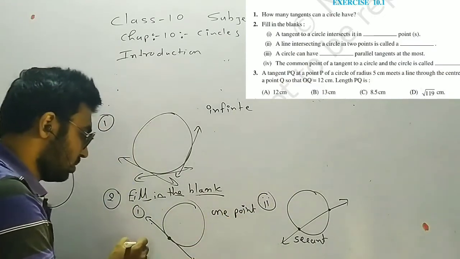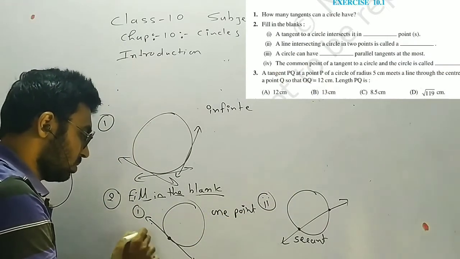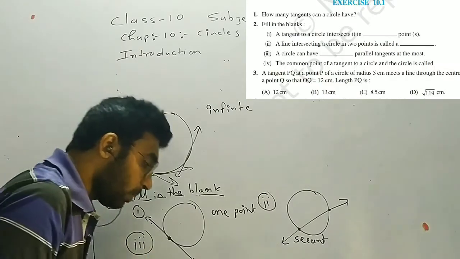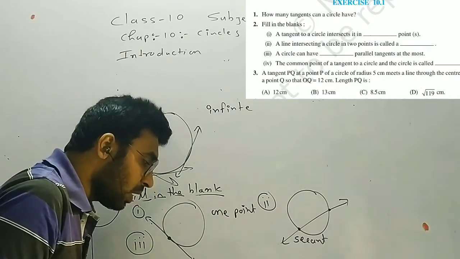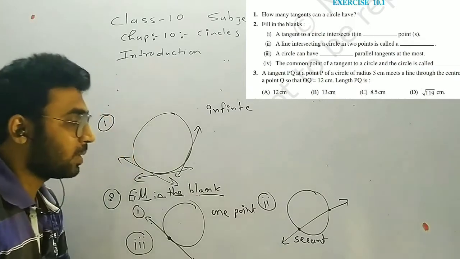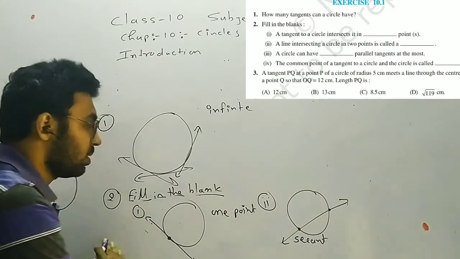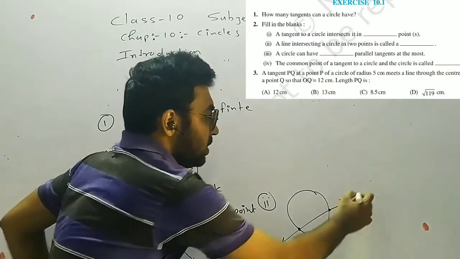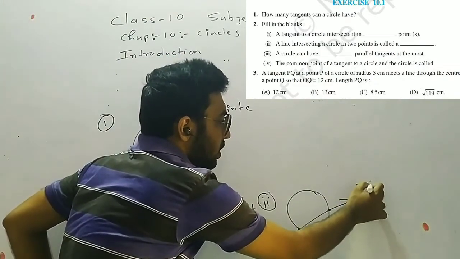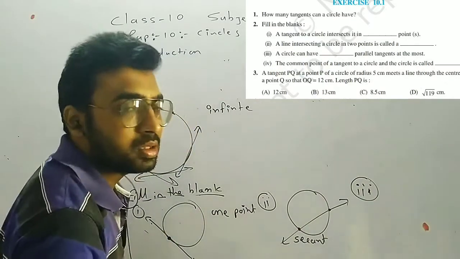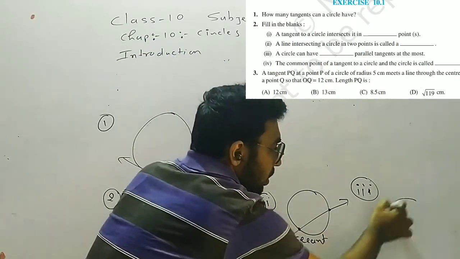Third question. A circle has dash parallel tangents at most. How many parallel tangents are possible here? Parallel tangents, meaning, here is a circle.